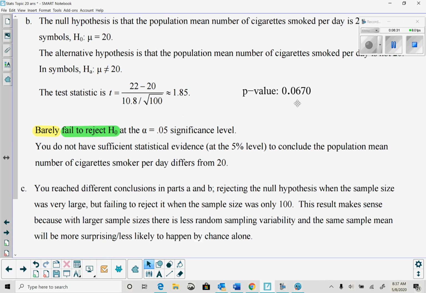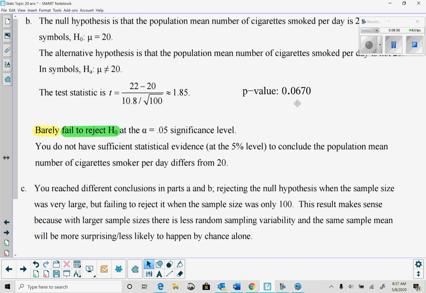So for that sample, where we only had a sample size of 100, we do not have sufficient evidence to conclude the population mean number of cigarettes smoked is anything other than 20. Okay.